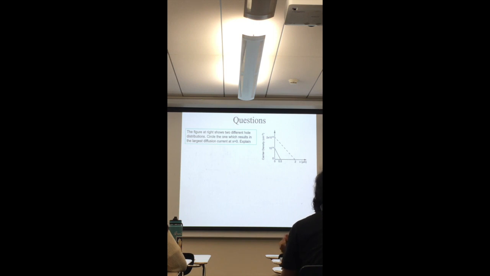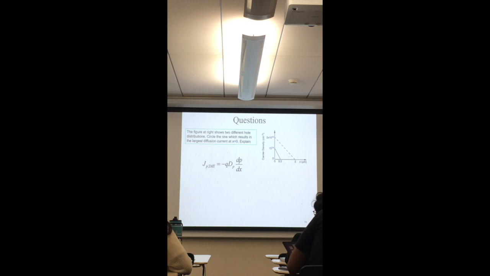We want to determine which one has the larger diffusion current, and to do this we just need to use the right equation. The diffusion current is related to this slope, since dp over dx is the slope in this carrier density plot. So basically, we want to check which configuration, which distribution, leads to a larger dp over dx.